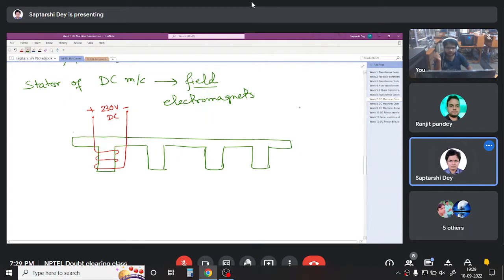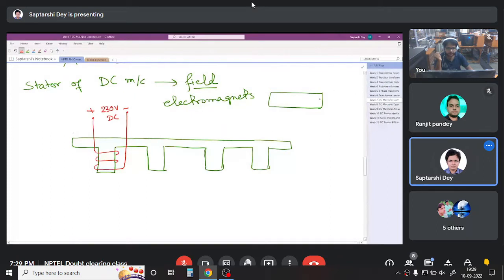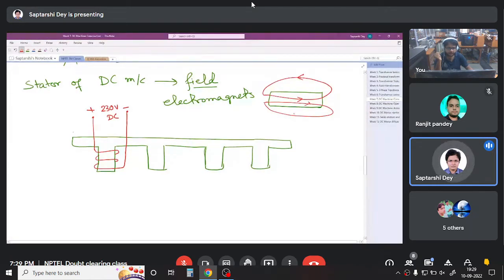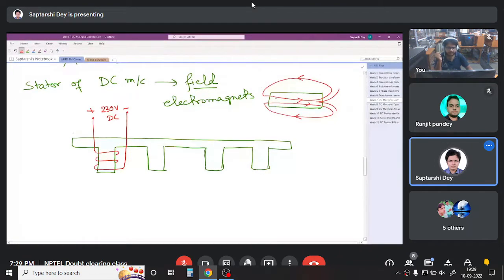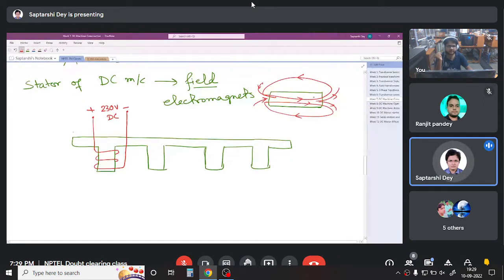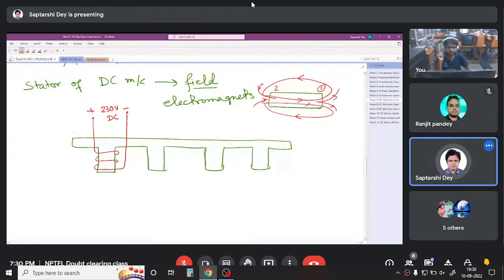See, suppose you have a magnet, a permanent magnet let us say, and the flux flowing through it is like this, going out, returning, again going out, returning. So all the flux is going out here, and all the flux is coming in here. In this magnet, which is the north pole, the right hand side one or the left? I will write 1, 2. See, is 1 the north pole or is 2 the north pole?